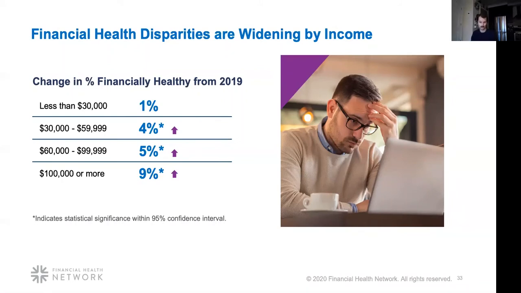Those with the lowest income of less than $30,000 did not see a significant change in financial health. Again, from other research, we also know that lower income individuals were extremely impacted by the COVID-19 pandemic, which might explain this lack of a change in financial health, while higher income categories saw an improvement. But again, these trends existed prior to the COVID-19 pandemic and are continuing to grow throughout 2020 and in light of the COVID-19 pandemic.